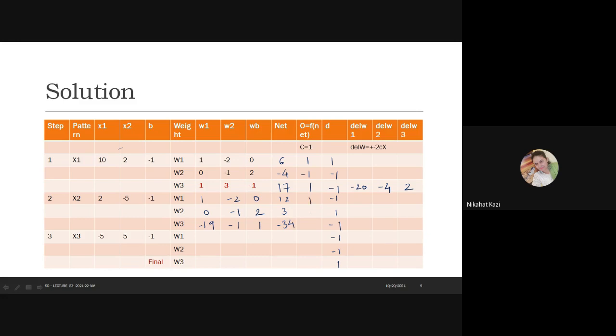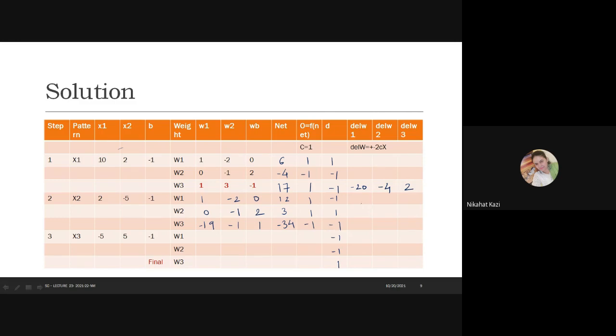So accordingly, the outputs. So now which weights you are going to update? W1. Because they are mismatching, these are not mismatching. W1 you're going to update.